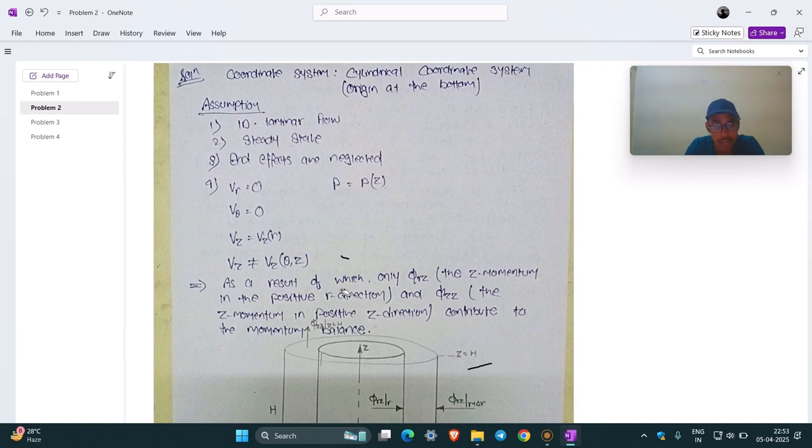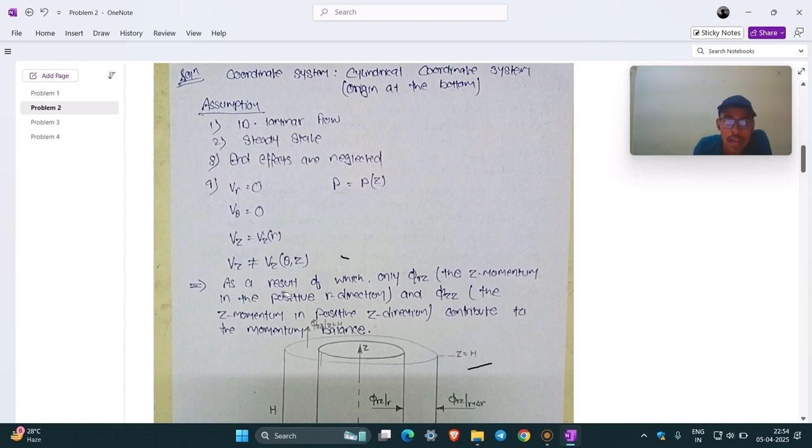So it may have three flux components, that is phi zz, phi yz, or phi xz in the Cartesian coordinate system. Here, in cylindrical coordinates, we have phi zz, phi rz, and phi theta z. But phi theta z has no component, because V theta is 0 and Vz is not a function of theta.